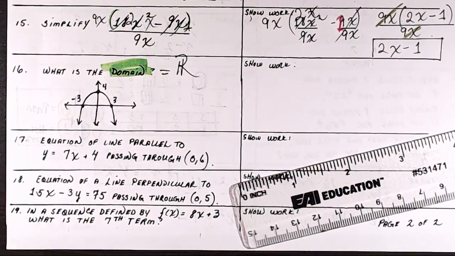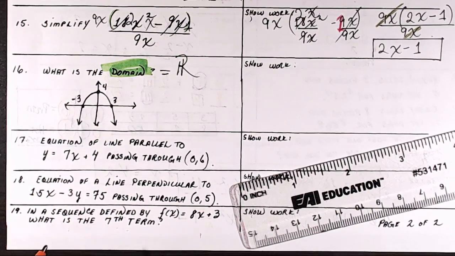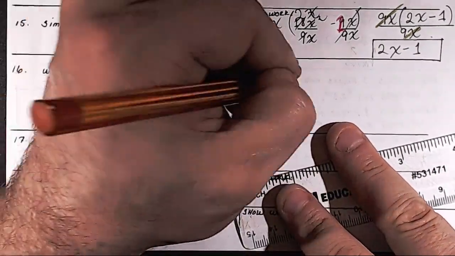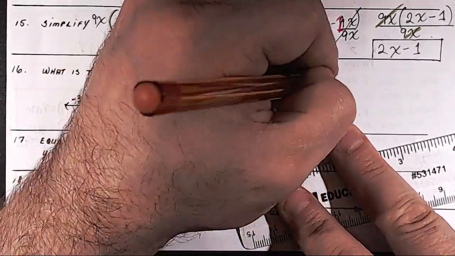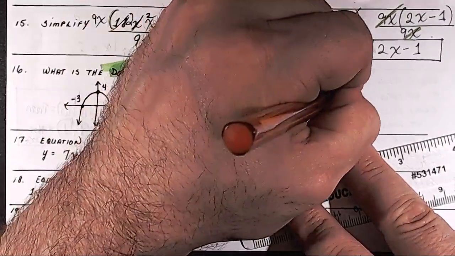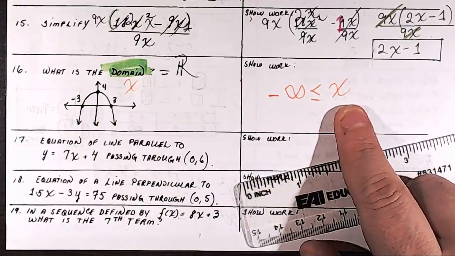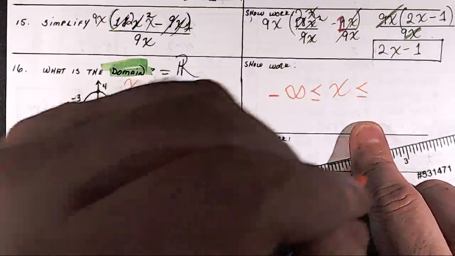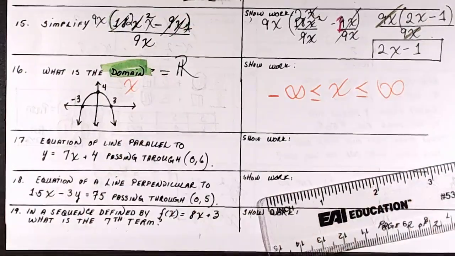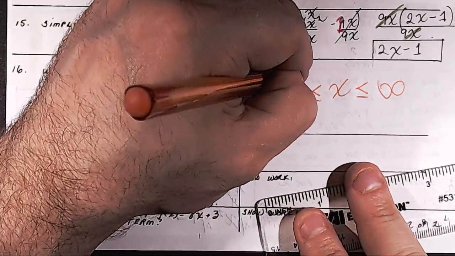But we have to learn how to write that in the language of inequalities. So I write negative infinity less than or equal to x, because I'm looking for the domain, and the domain refers to x values, less than or equal to positive infinity. This is the domain.